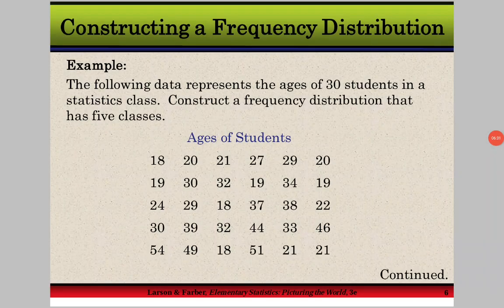First, the following data represents the ages of 30 students in a statistics class. Construct a frequency distribution that has 5 classes.